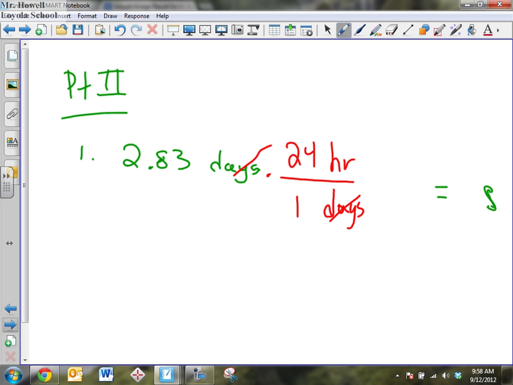Okay. Next. I'm currently in what units? Hours. Before I get to seconds, what do I go to from hours? Minutes. Good. So now I know I'm going to have minutes and hours. How many minutes are in an hour? 60. My hours are on top, so where do they go? On the bottom. Remember, top and bottom always cancel. Put minutes up top.